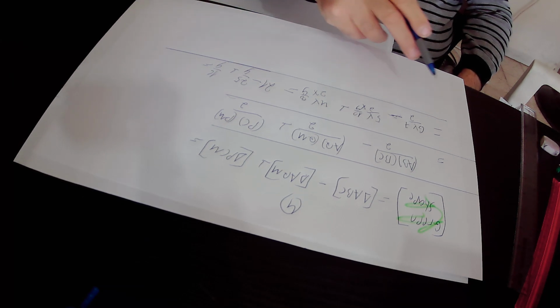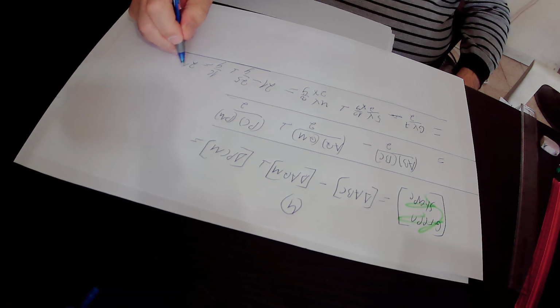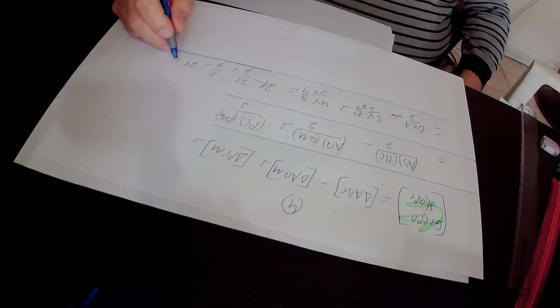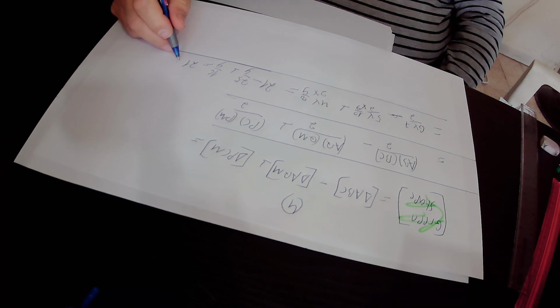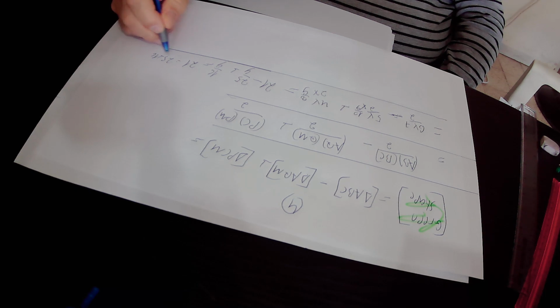So in total the area of the green shape equals 21, minus 25 plus 16 over 9.